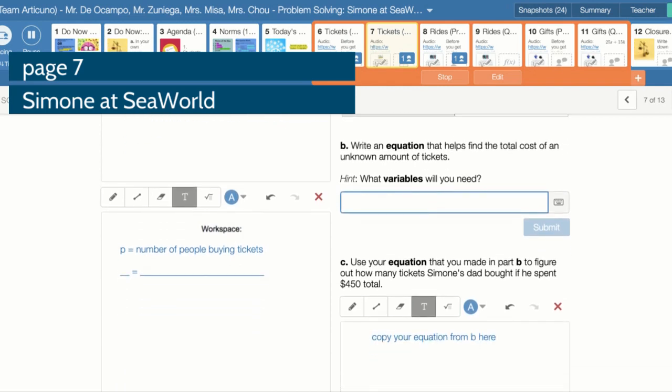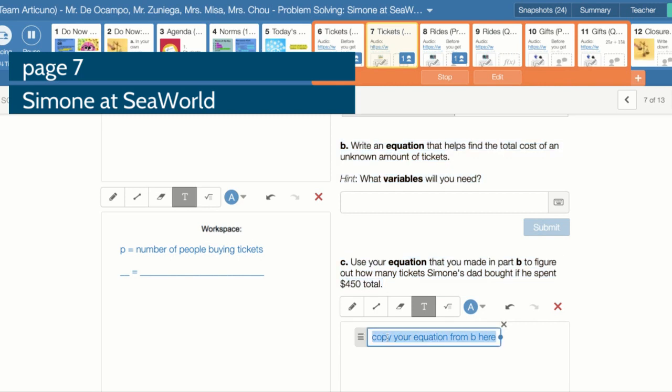Now, in letter C, you're going to use your equation. And what that means is go ahead and copy your equation from part B, all right? So use your equation that you made in part B to figure out how many tickets Simone's dad bought if he spent $450 total, okay?